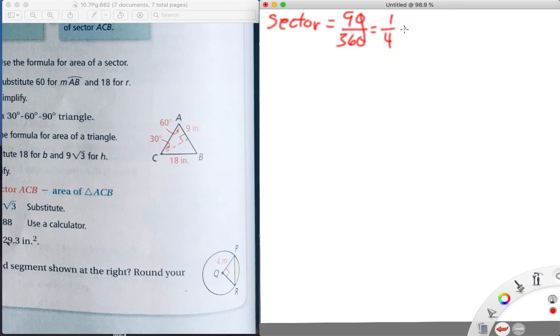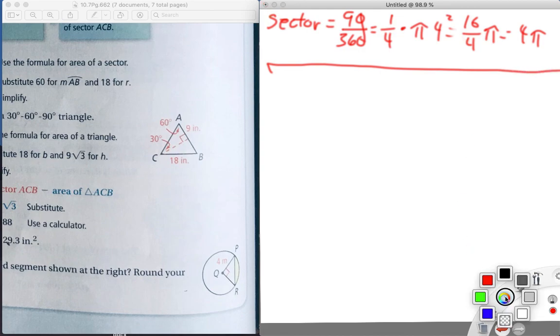And we're going to multiply that times pi 4 squared. Actually, it's going to be 16 over 4 pi, which equals 4 pi. So our sector is 4 pi.